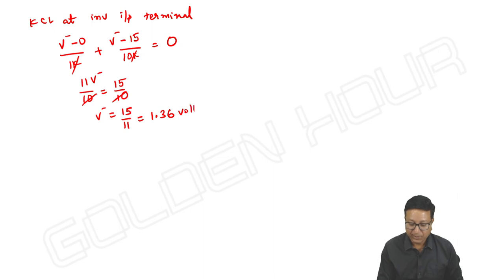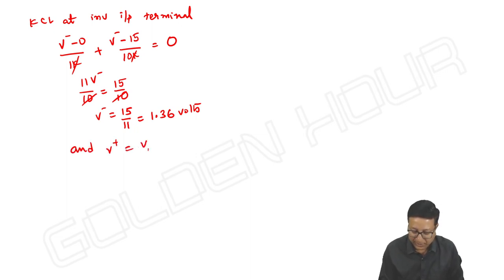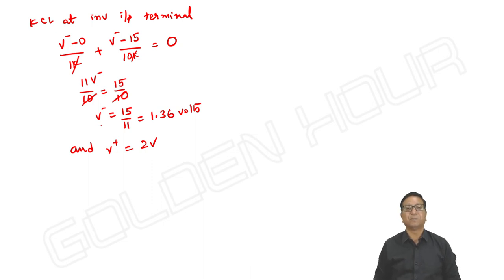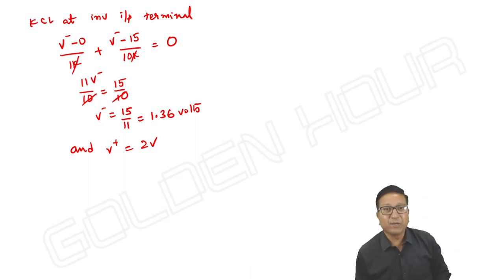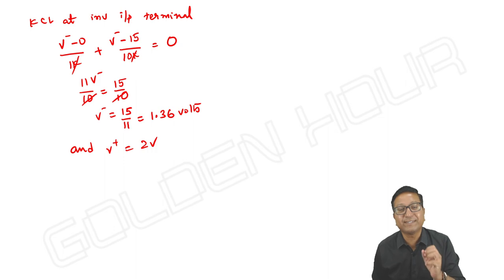What is V plus? V plus is equal to V input, that is equal to 2 volts. Is it possible to apply virtual short here even though gain is infinity? No. If the output of the op amp reaches its extreme values, then virtual short fails.